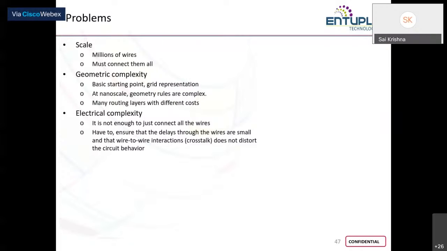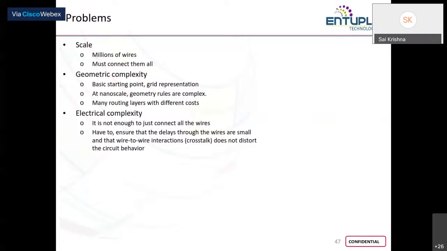And if you assume, let's say 2 or 3 pins per standard cell, you are actually dealing with close to 100 million or even more pins that are to be connected. So all of them are to be connected without missing anything. Even if one pin or one connection out of this is missed, your functionality gets affected.